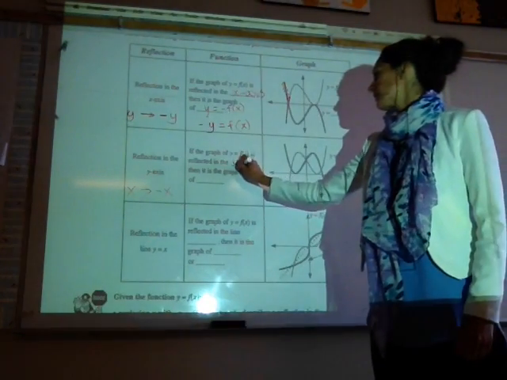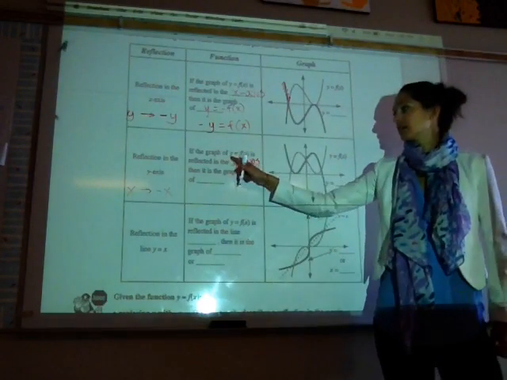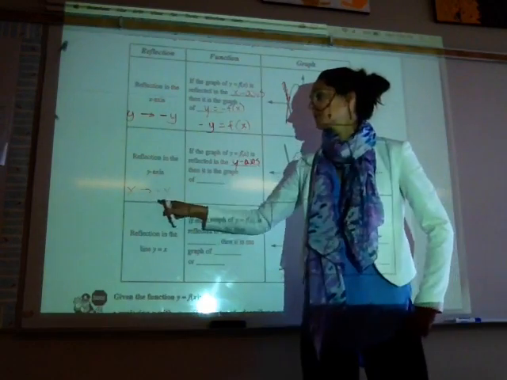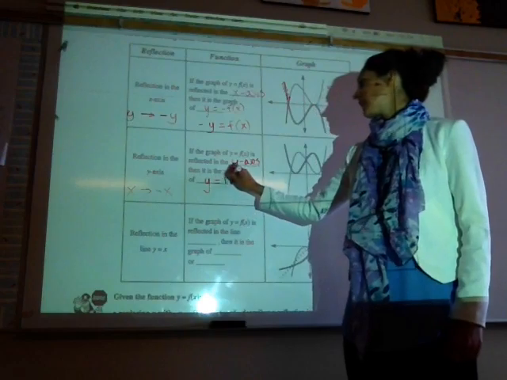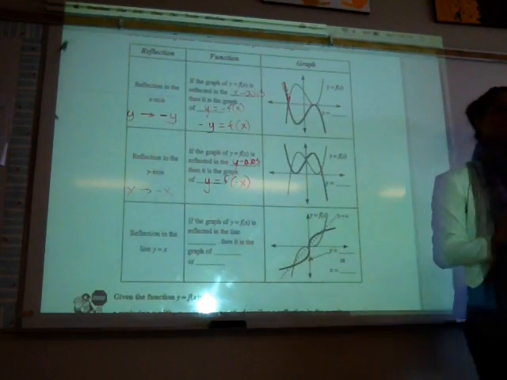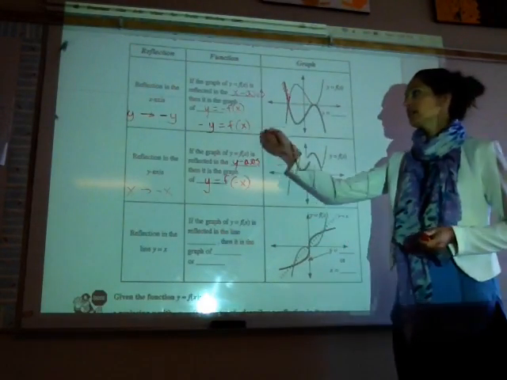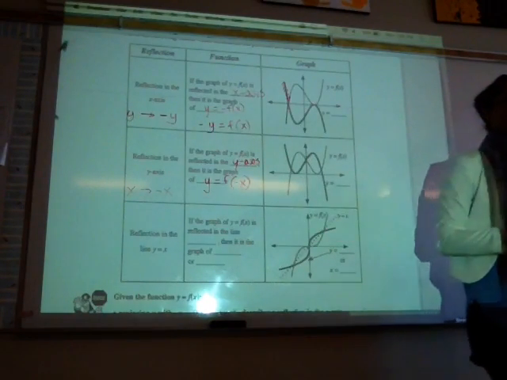So if we're reflecting over the y-axis, and we start with the original function y equals f of x, if x is replaced with negative x, then we get the notation y equals f of negative x. So if you see these notations, you should know right away: reflection in the x-axis, reflection in the y-axis.